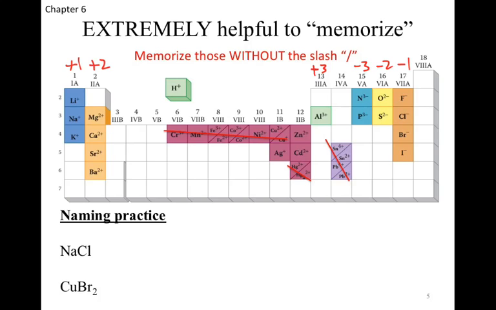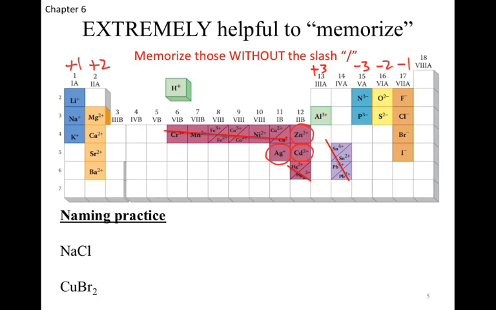There are 3 elements on here that I really think you're just going to have to straight up memorize. I don't know that I will necessarily make you memorize them, but I know in other classes you do, so it's not a bad idea to start. Silver ion, cadmium ion, and zinc ion all have one charge, and only one charge.